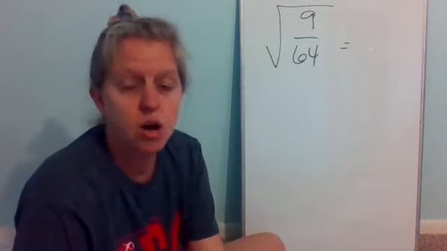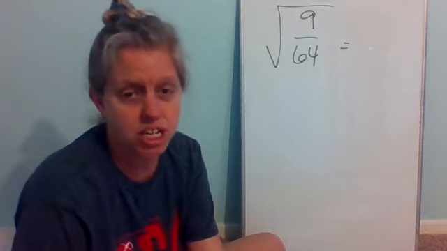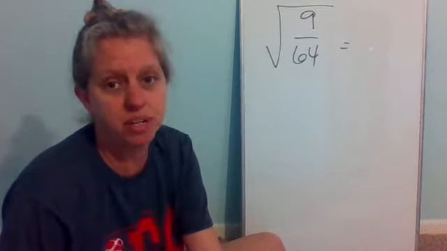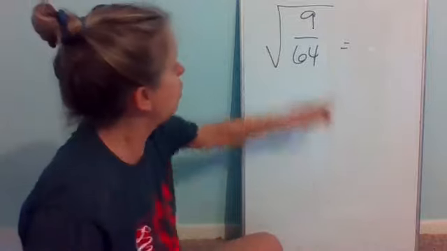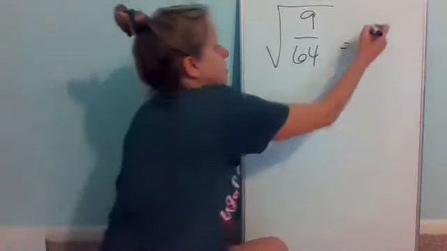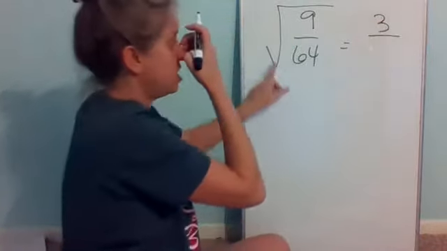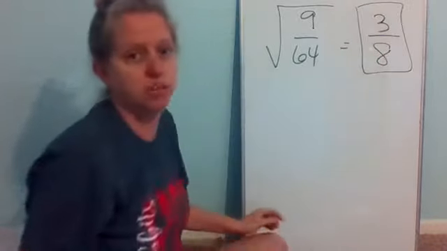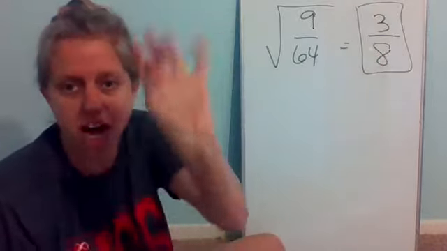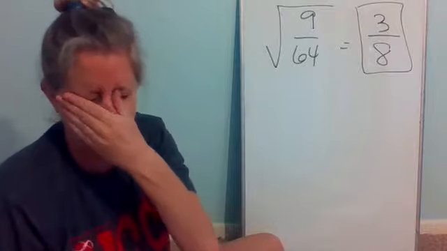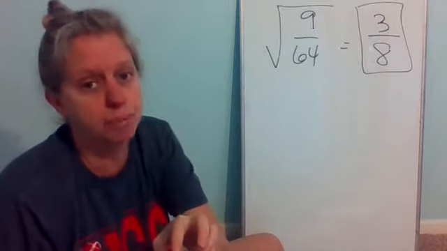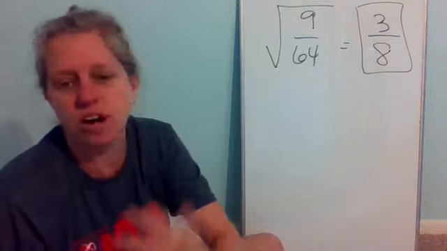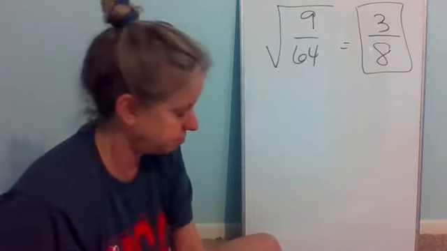It is. So if you're looking at a fraction under a square root, but they're both perfect squares, it's kind of like you treat them separately. What is the square root of 9? It's 3. What is the square root of 64? It's 8. That's all you have to do. Just take them separately. Do the top and then do the bottom since they're both perfect squares. Now, it does get a little more complicated if one or both of them are not perfect squares, but we're not getting to that yet.